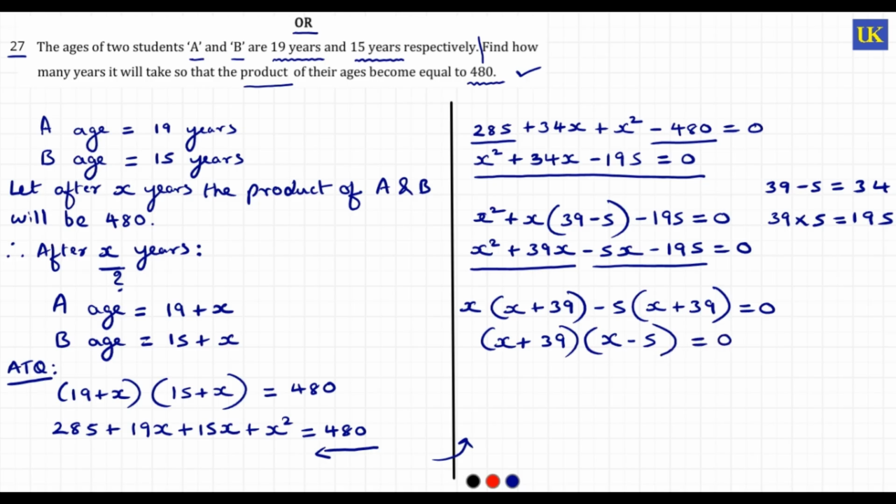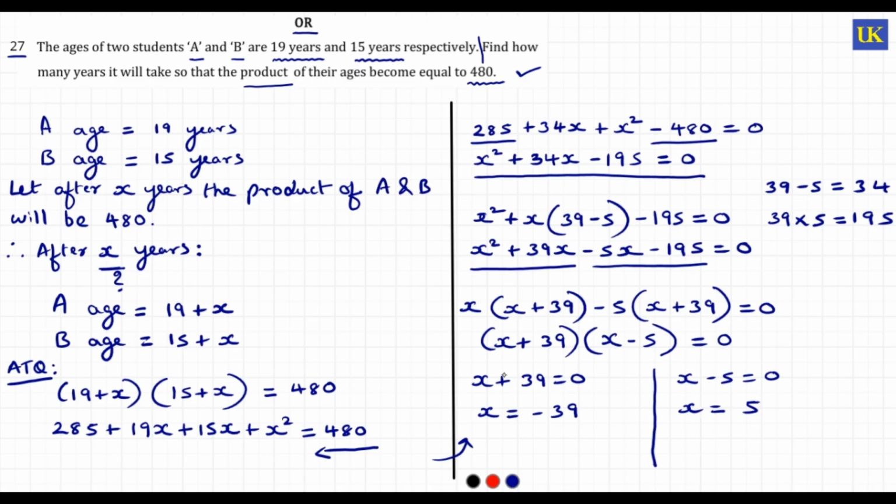Now we have to equate it to 0. So x plus 39 is equal to 0, so x is equal to minus 39, and x minus 5 is equal to 0, so x is equal to plus 5.